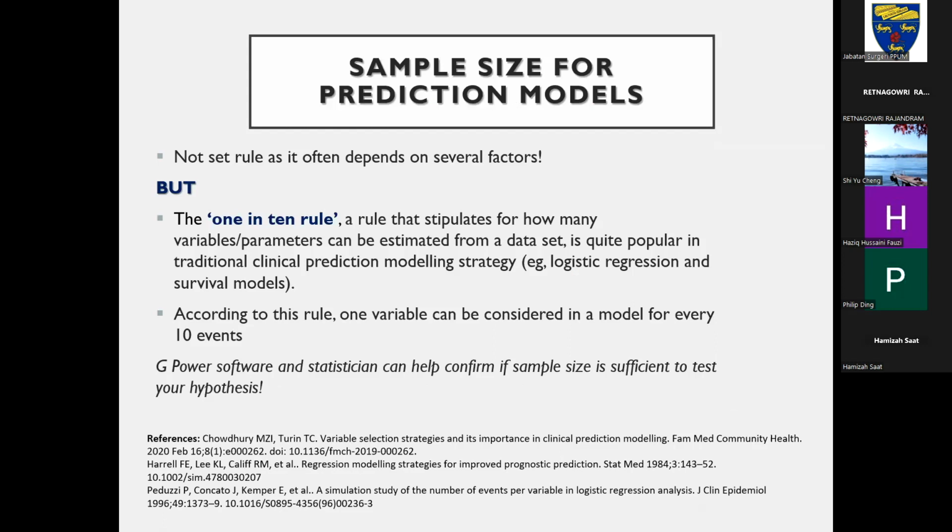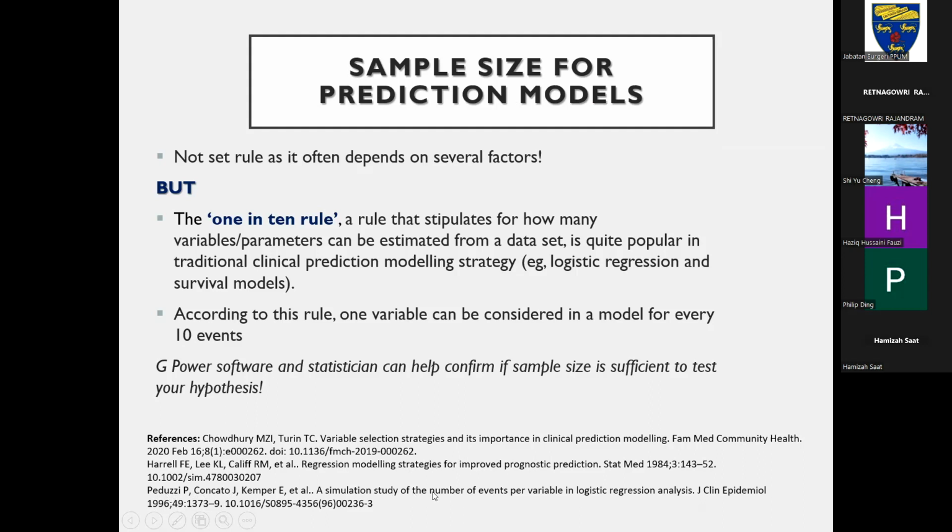Which now brings us to, if you're not dealing with RCTs, you're not comparing two arms and so forth, and you're actually just dealing with a whole retrospective study where you're collecting all factors and you want to prove something is better than the other, or what are the factors which may have a role in this, or hazard ratio or anything like that, then you actually go with the rule of these two reference papers, especially the Peduzzi one.